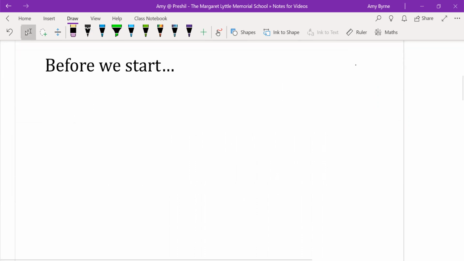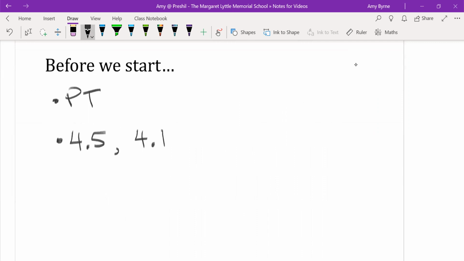So I just wanted to run through them separately. So before we start, it would be a great idea if you could have a periodic table. And if you're not 100%, maybe go back and check out my videos on 4.5, which is metallic lattices, 4.1, which is ionic lattices, and also the topic 3 revision.